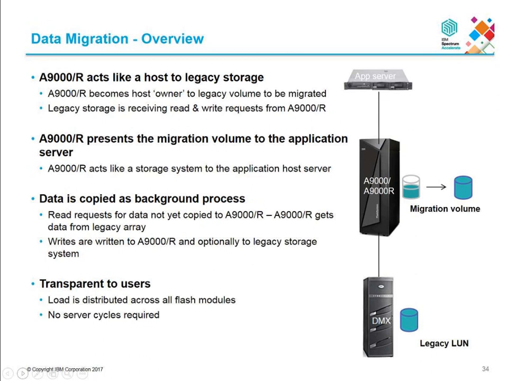It is a single pass, 0 to N read pass of the volume. So it's very important that we make sure we don't have any path for the server to the legacy storage, or data corruption could result.